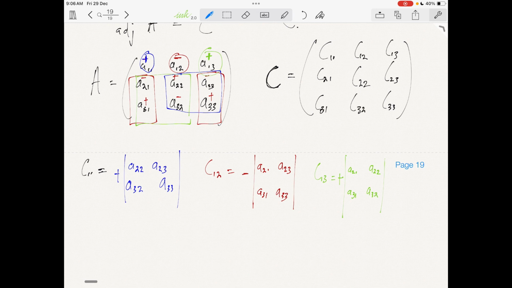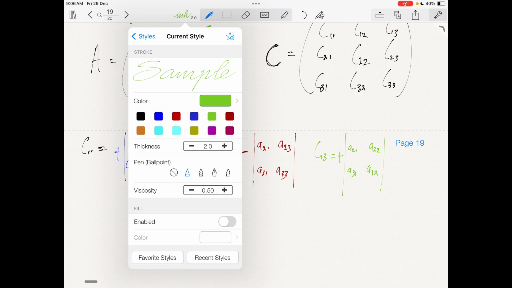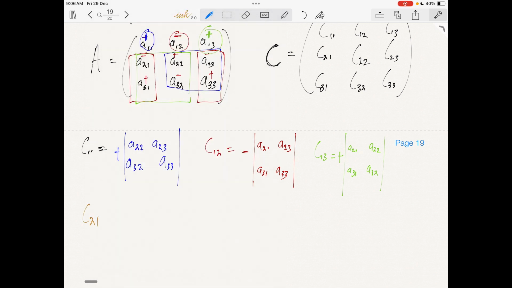Then we go ahead and evaluate the remaining ones. For C21, I take away the values on the horizontal and the vertical, and I'll be left with A12, A13, A32, A33, with a minus sign because the sign here is minus.